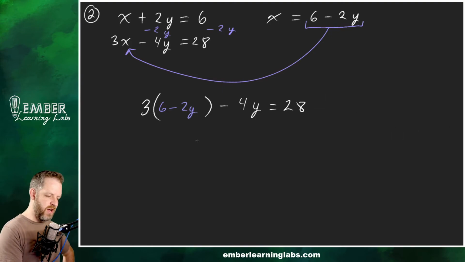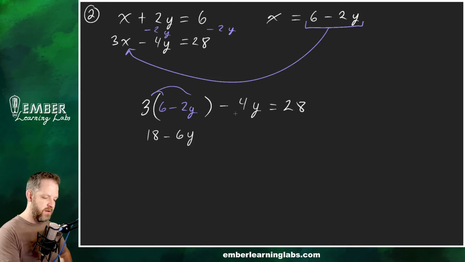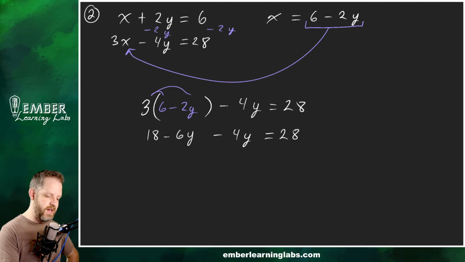Then we're going to solve it. Now, this time, we can't just drop the parentheses. This is what I was talking about, right? We've got to distribute that 3. So we've got 3 times 6, which is 18, and 3 times negative 2y, which is negative 6y. Bring down minus 4y. We haven't touched it. Bring down equals 28.